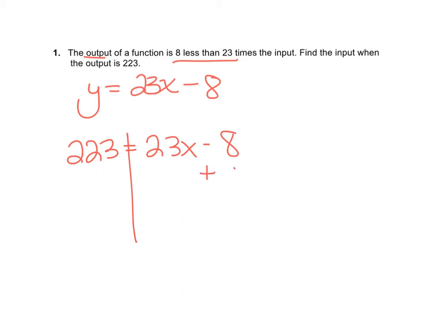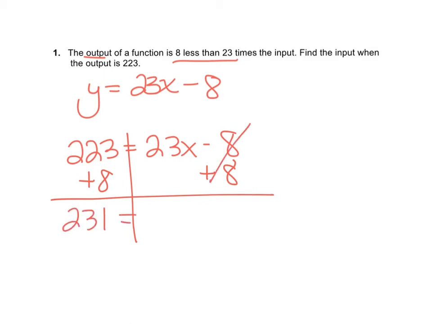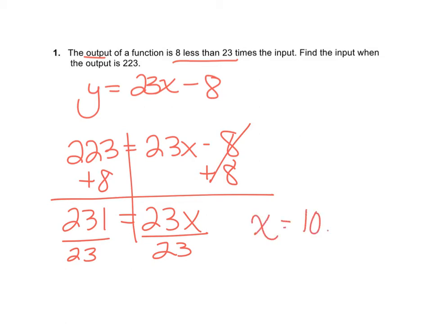I'm going to isolate my variable by adding 8 to both sides, giving me 231 is equal to 23x. Now to undo the 23, because it's multiplying, I'm going to divide by 23 on both sides. And this is going to give me a decimal of 10.04. I'll round it to that.